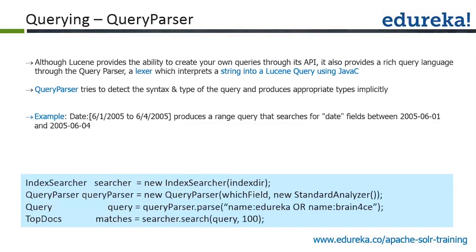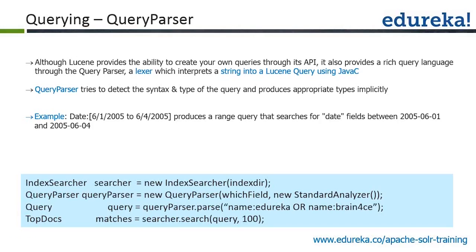Fine. Although in Lucene we have seen different APIs, using APIs we can just go and write code. Sometimes it may be really painful to always go and write APIs or change APIs. So Lucene also provides an alternate way of querying, which is using the query parser.